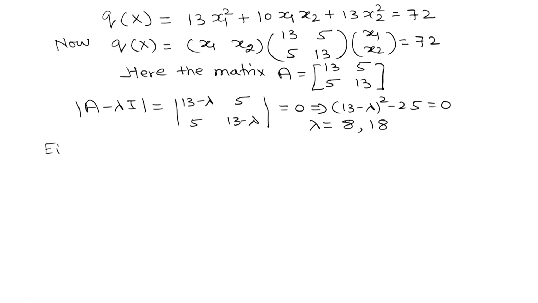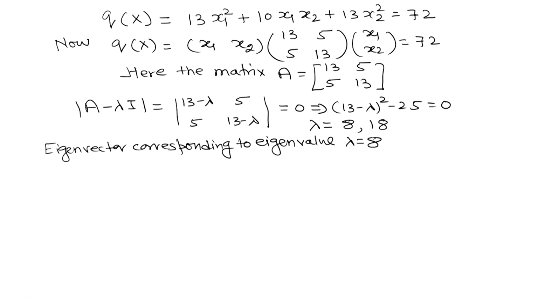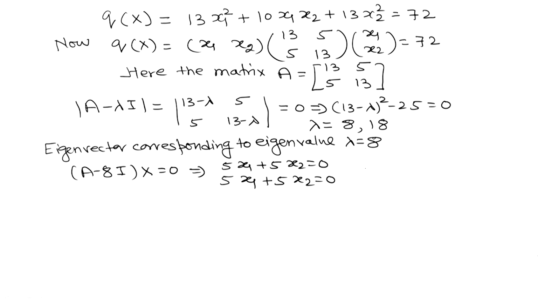Now, if I calculate the eigenvector corresponding to eigenvalue lambda equals 8, then (A minus 8I) x equals 0 gives me 5x1 plus 5x2 equals 0. This is the equation from the first row of the matrix A minus 8I, and the equation from the second row will be the same, that is 5x1 plus 5x2 equals 0.